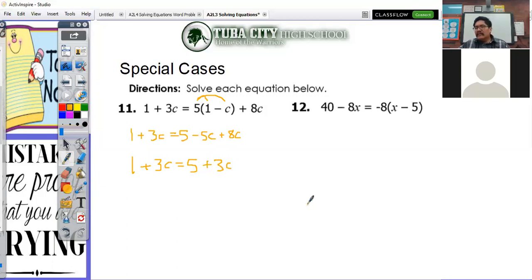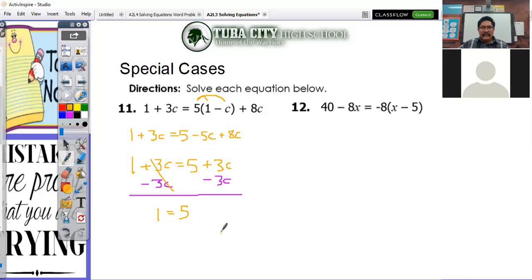Now you might notice something is a bit weird here, because I usually tell people to look at your variable first. And here I get weird things. So if I want to get rid of this 3c, I'm going to minus 3c from both sides. And that cancels here because 3c minus 3c. If you have $3 and you spend $3, you got $0. 5.